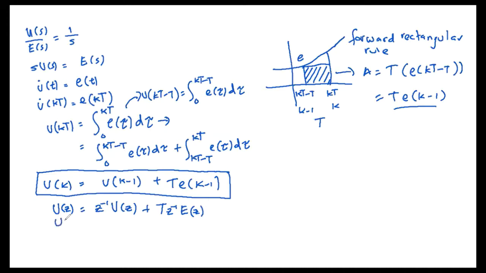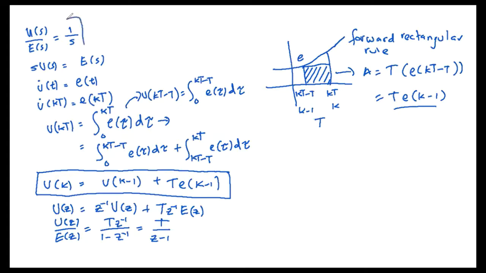Now to find u of z over e of z, this is simply rearranging this. So what we get is t times z inverse over 1 minus z inverse, and this is equal to t over z minus 1.